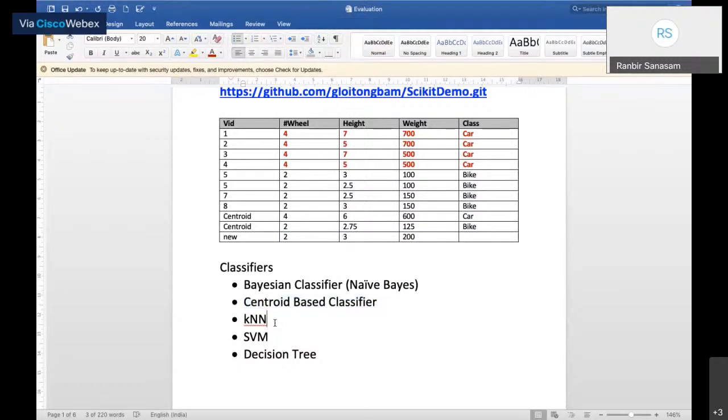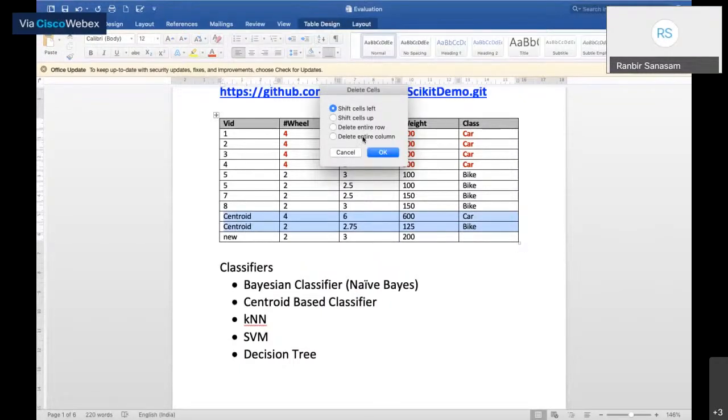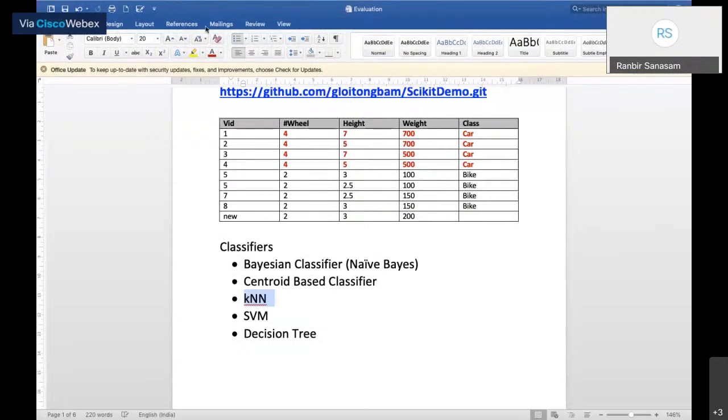So what is k nearest neighbors? Again, k nearest neighbors is very simple. In the k nearest neighbor, KNN, there is no learning as such.